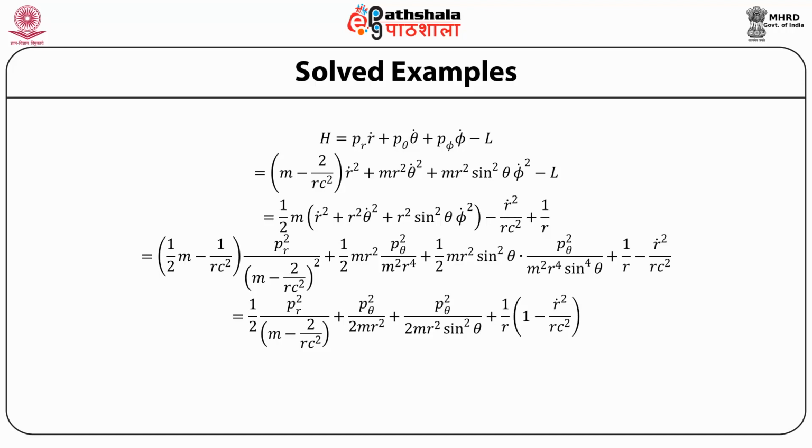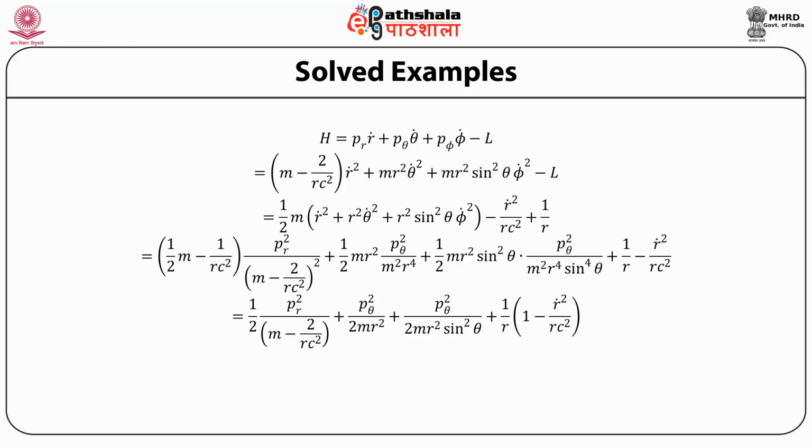Now substituting for p_r, p_theta and p_phi from what we have obtained earlier, we write this Hamiltonian as half m (r dot squared plus r squared theta dot squared plus r squared sin squared theta phi dot squared) minus r dot squared by r_c squared plus 1 upon r, which we now write in terms of the conjugate momenta instead of the generalized velocities using the relationships.